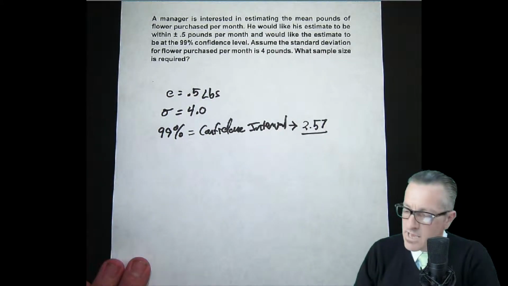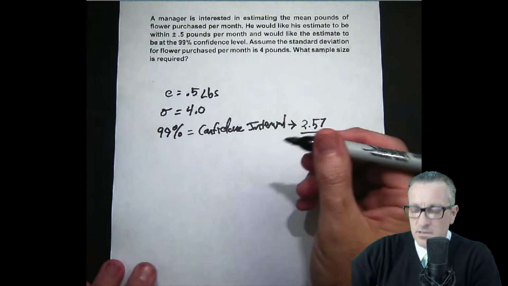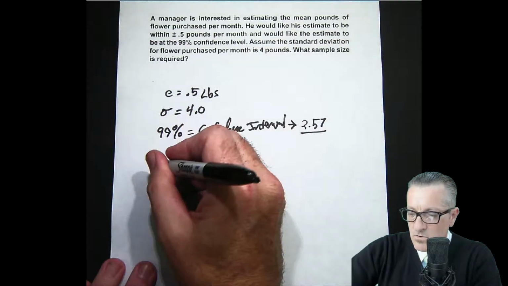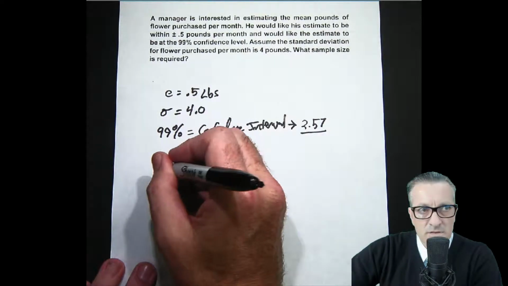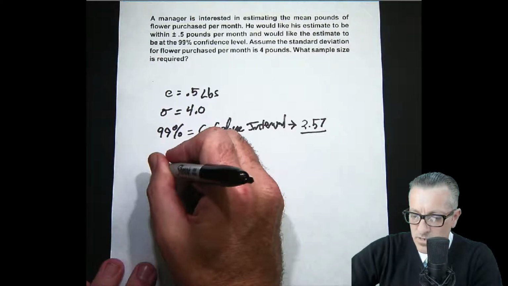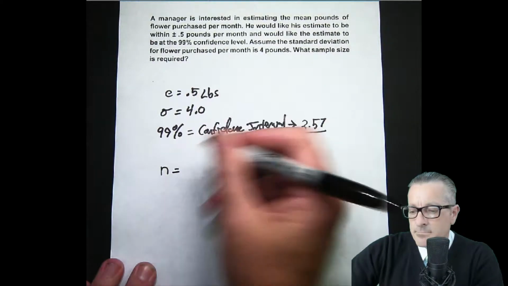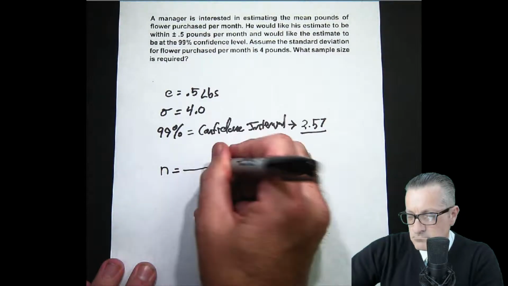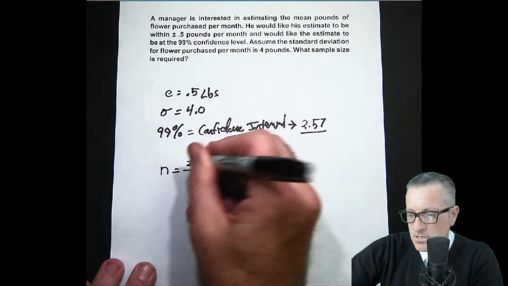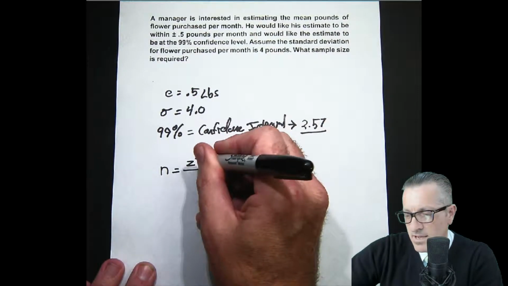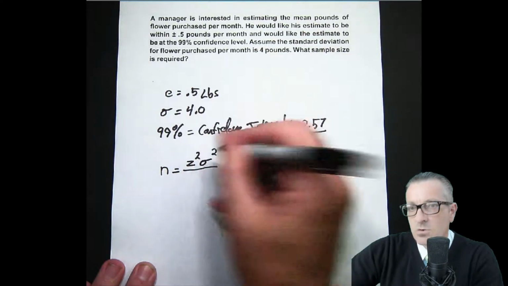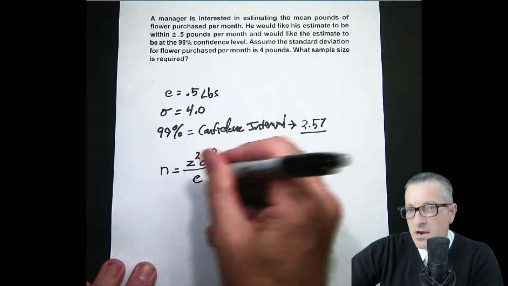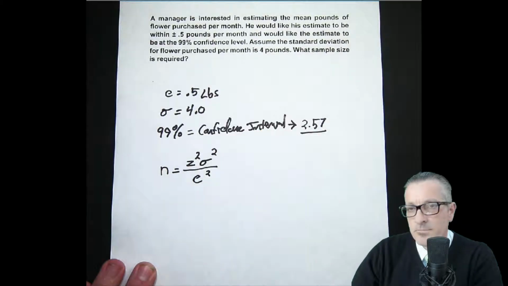Okay, so now we have a formula, and this is the easy part. To calculate n, or the sample size that's required, all that we do is this. It's z squared multiplied by standard deviation squared, and then divided by the error squared.